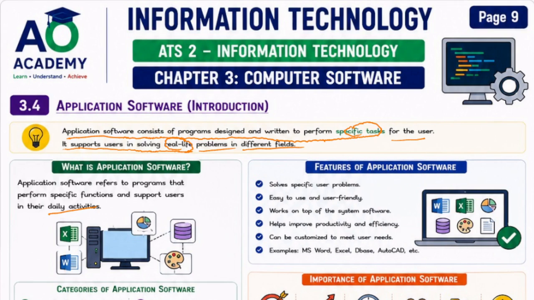Okay. One thing that you should remember, keywords that you should remember, is that they are specific, they perform specific functions. Application software refers to programs that perform specific functions and support users in their daily activities.